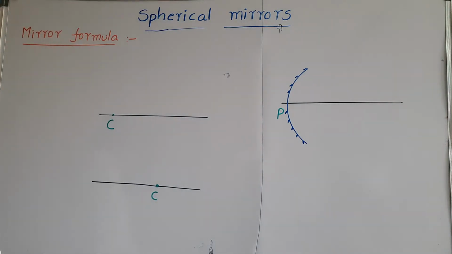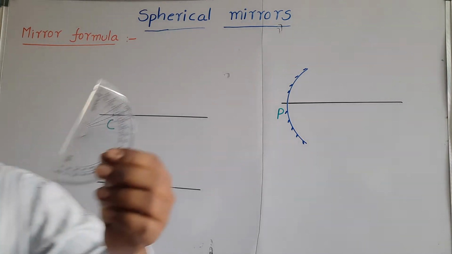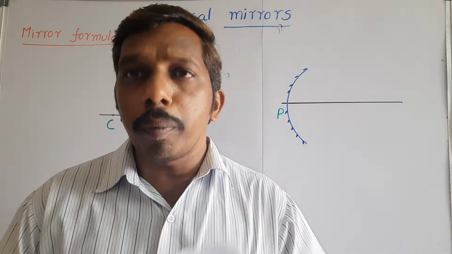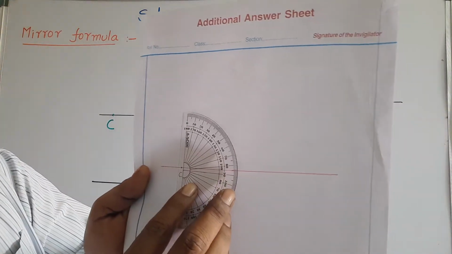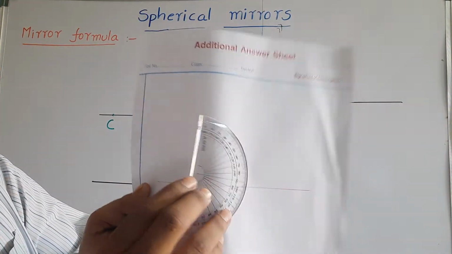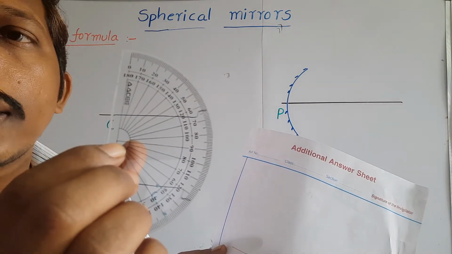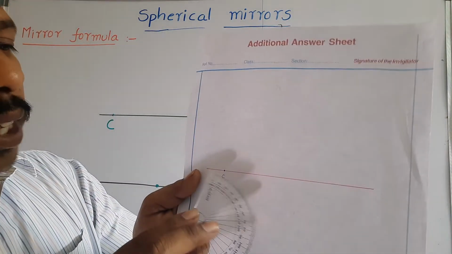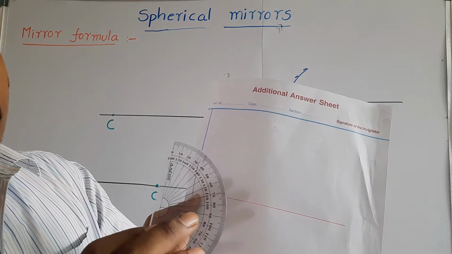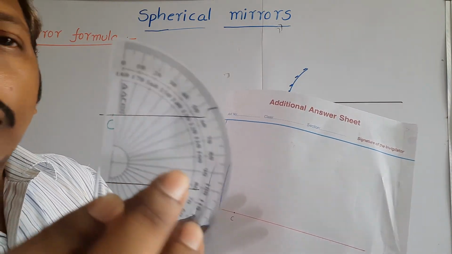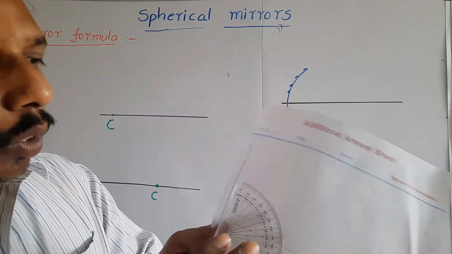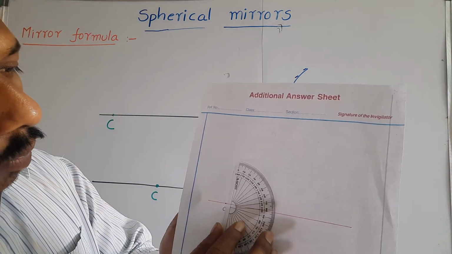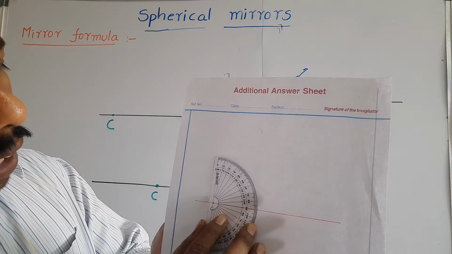After that you take a protractor and place it like this. The intersection point of the protractor coincides with point C, and the 90-degree line coincides with this line, then it acts as the principal axis.